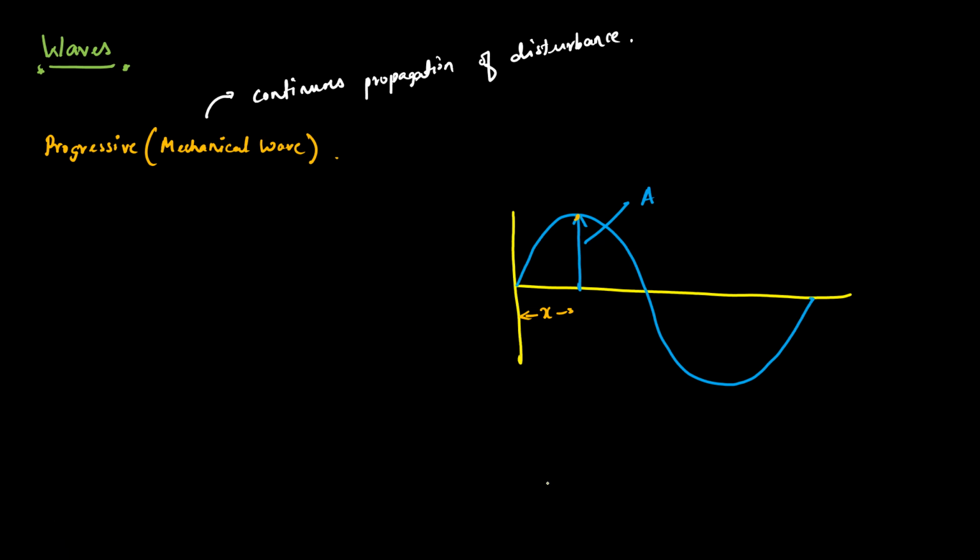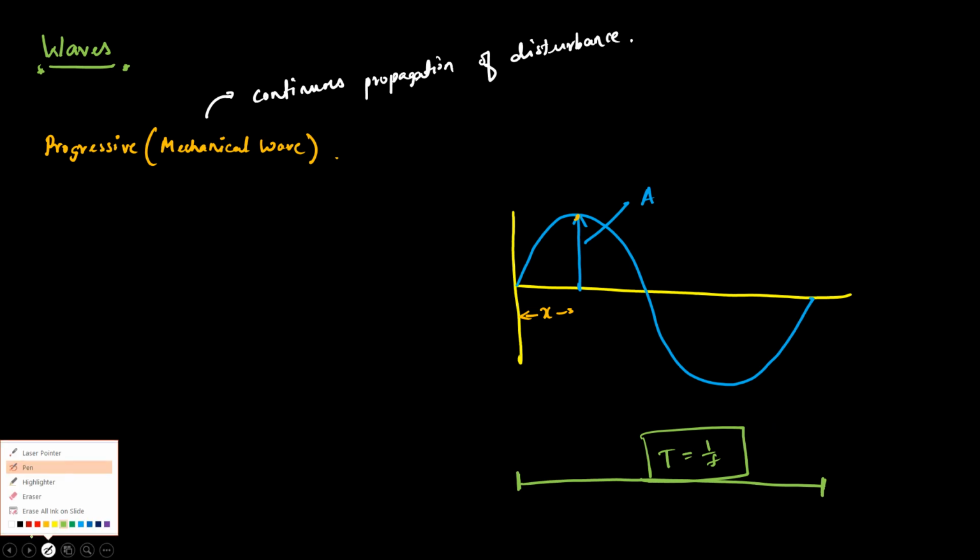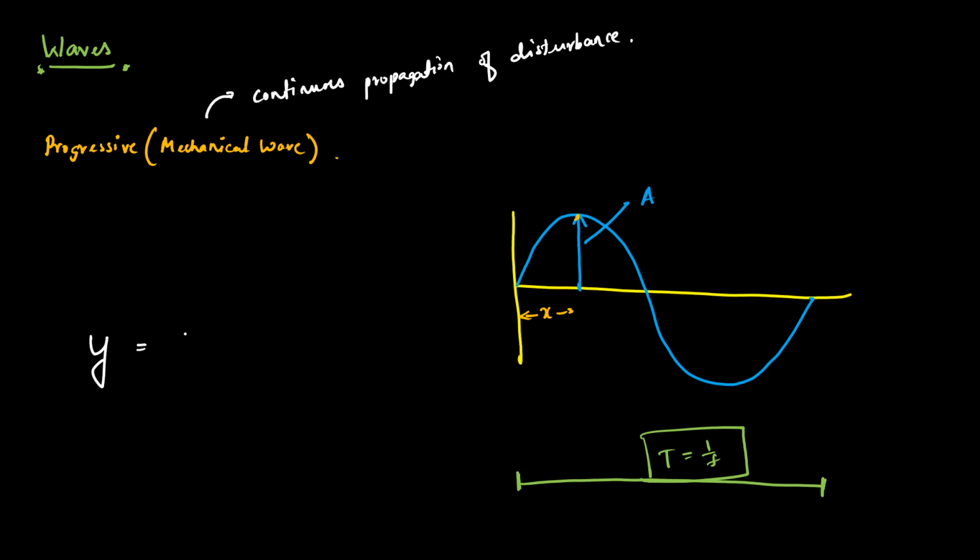The time taken for the wave to travel from this point to this particular point is known as your T, and T is given by 1 divided by f. Now, we define the displacement of this particular wave, which is represented by y equals a sin omega t.